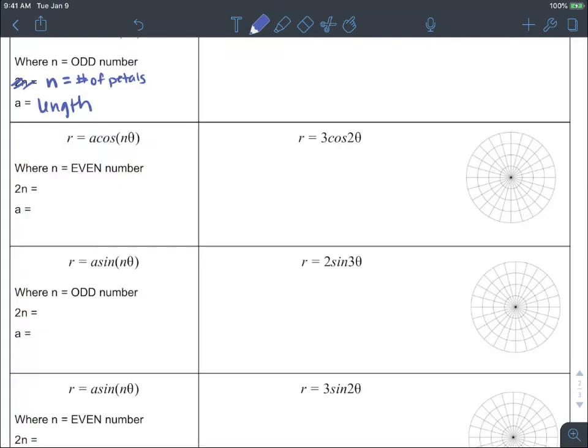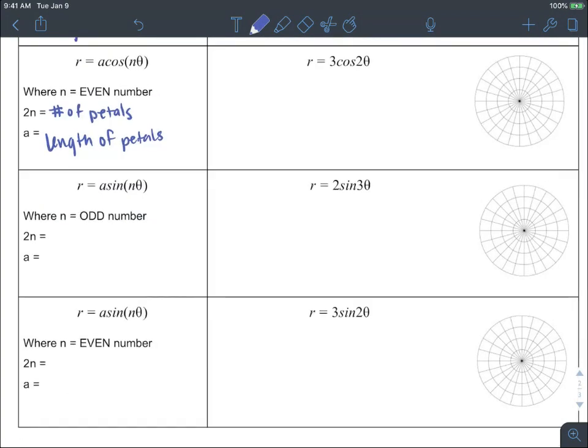If n is even, then the number of petals is equal to 2n, so it doubles. Okay. And a is the length of the petals, at its furthest point, yeah.